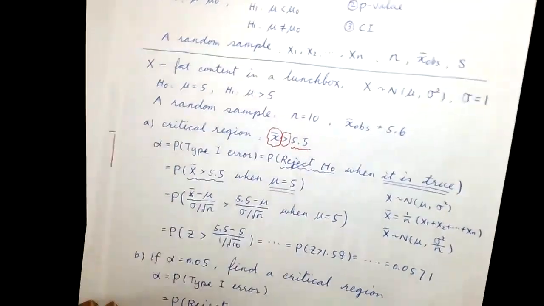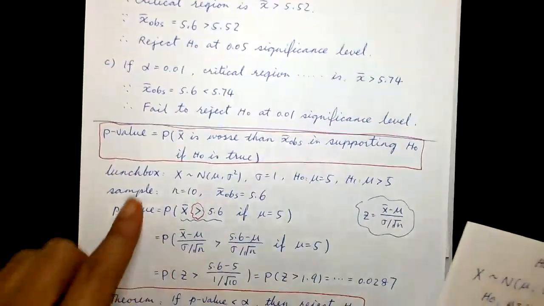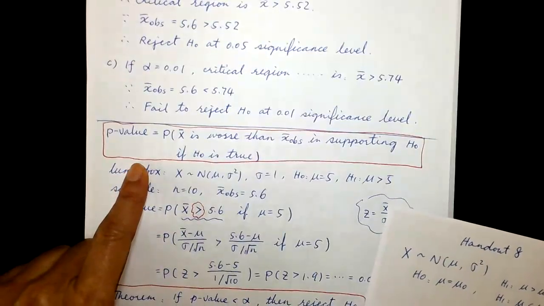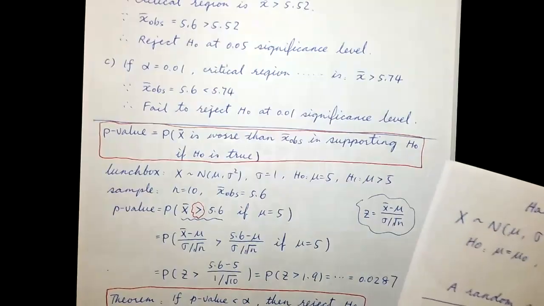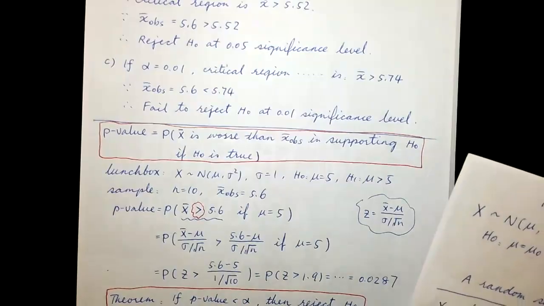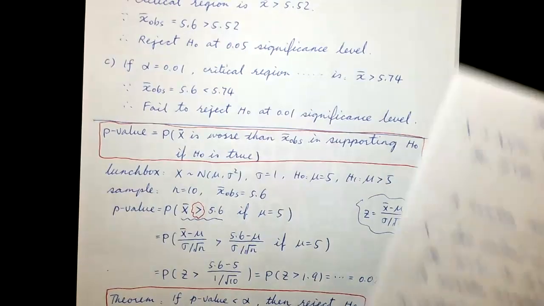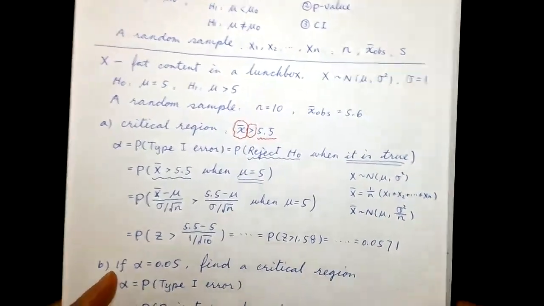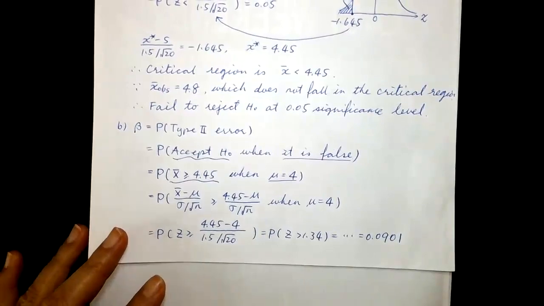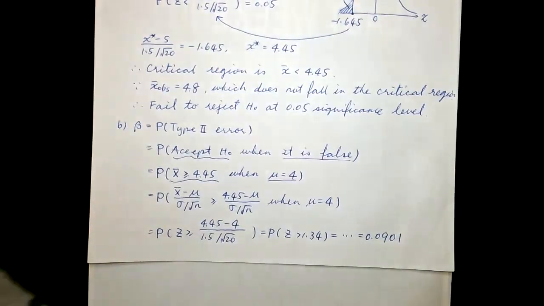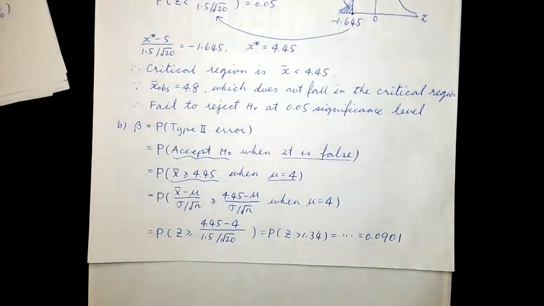For example, the definition of alpha, the definition of type 1 error, and today we have a very important new concept, p-value. There will be more coming. So just keep that clean sheet of paper with you because you will need to use it to review and also to move to handout 9.